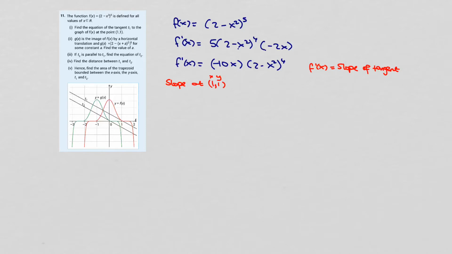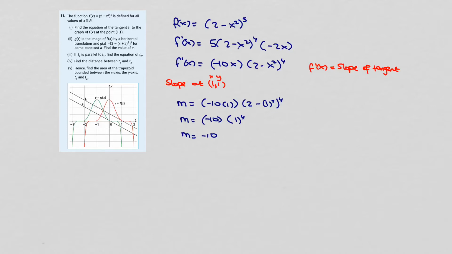We let x equal 1, and that will find me my slope. That's minus 10 times 1 times 2 minus 1 squared to the power of 4. So that's minus 10 times 2 minus 1, which is 1, and 1 to the power of 4 is just 1. So our slope is minus 10.